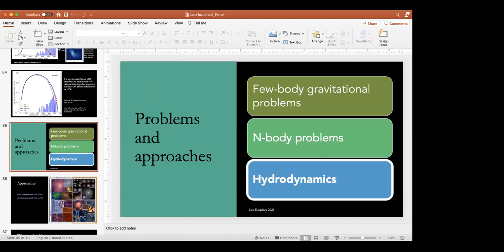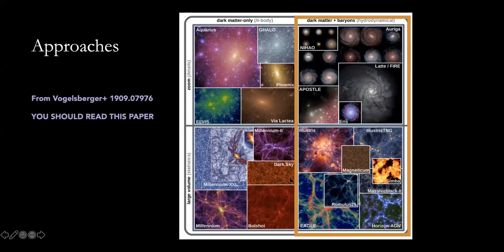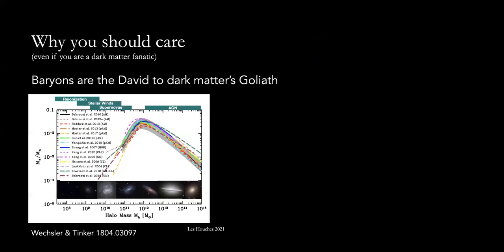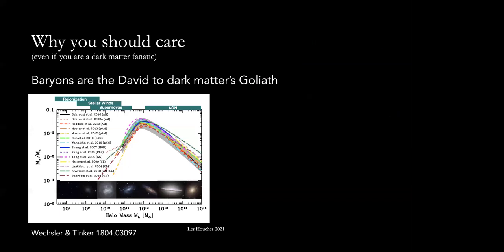Okay. All right, so I want to mention just a little bit about hydrodynamics. Once you move beyond dark matter, even if you have self-interacting dark matter or fuzzy dark matter, things get really complicated really fast. And the reason that you should care about this is that, this is a plot from a paper by Risa Wechsler and Jeremy Tinker.